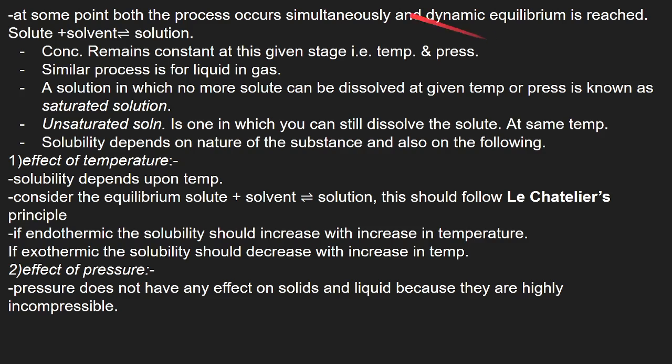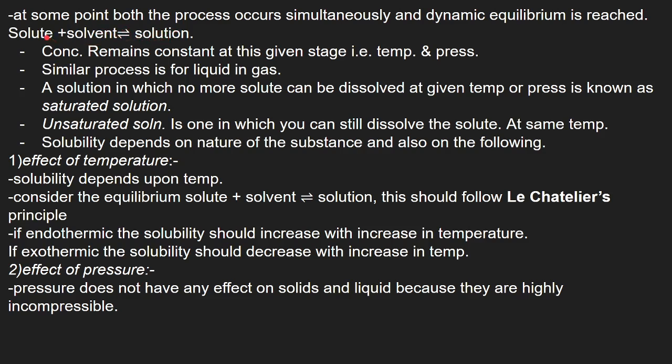Here it is written as solute plus solvent gives you solution, and this double arrowhead sign means the solution can get converted back into solute plus solvent. For example, take salt water. Here the solute is salt and the solvent is water, and salt water is the solution. What happens if it goes in the reverse direction? If this arrow comes, it means that it can proceed in the forward as well as in the backward direction.